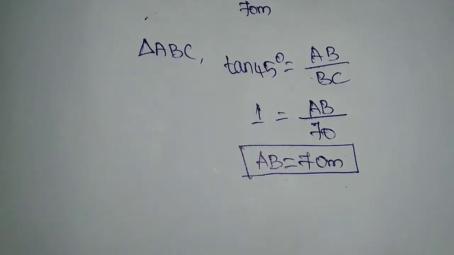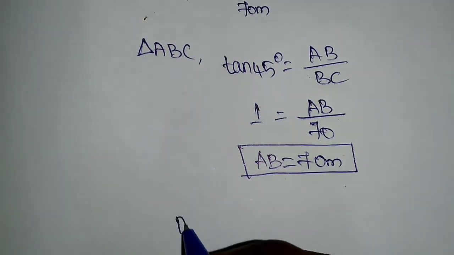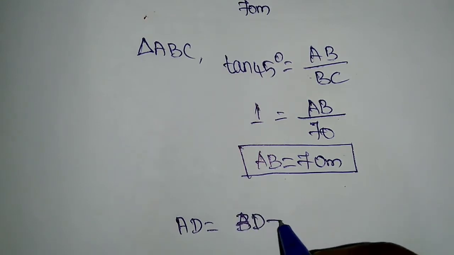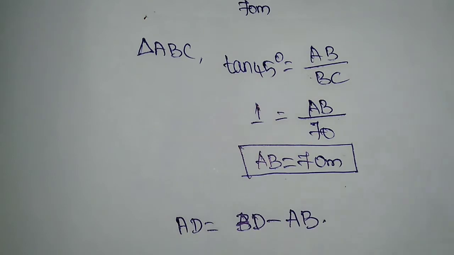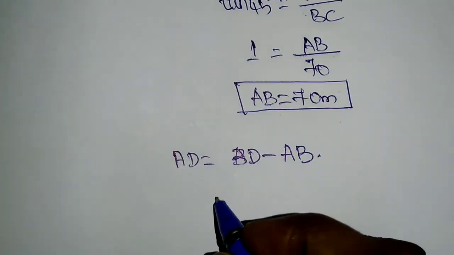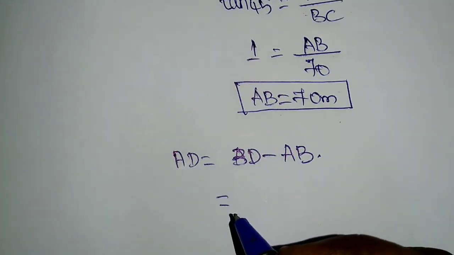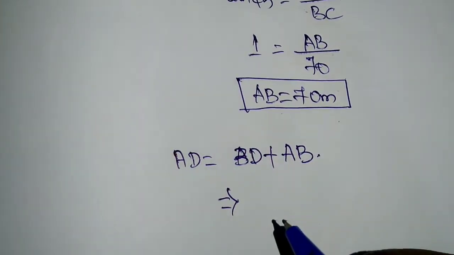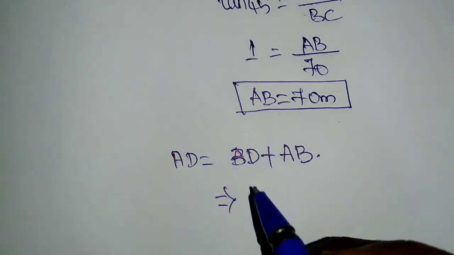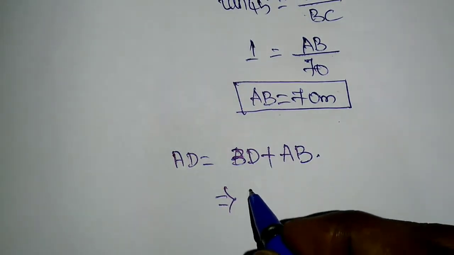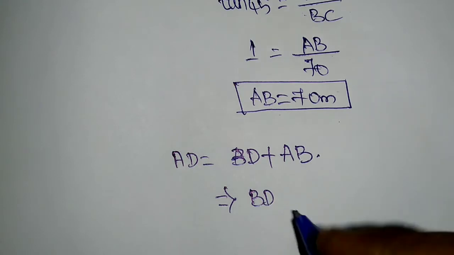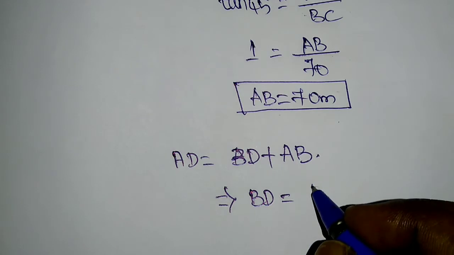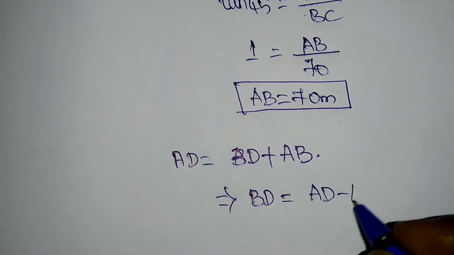Now we have to find BD. Here AD is equal to BD plus AB. We have to find BD, the height of the first building. BD is equal to AD minus AB.